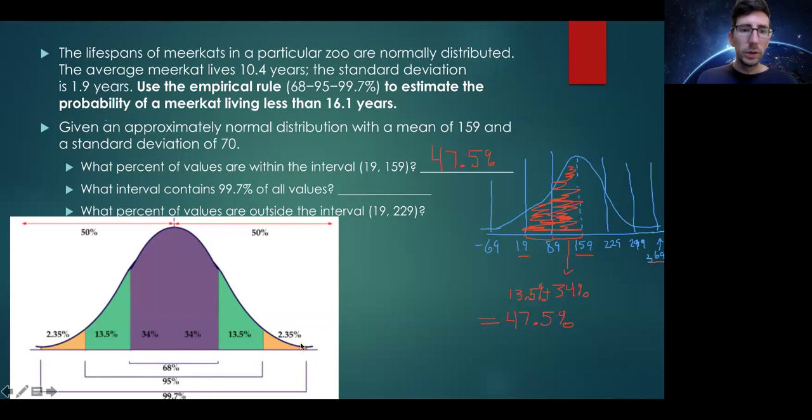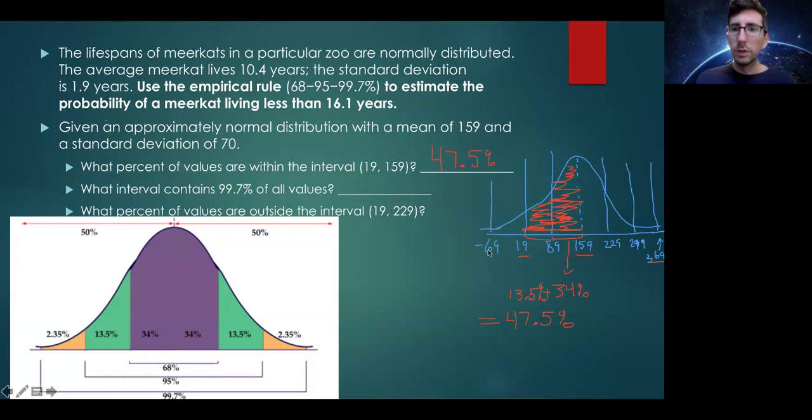And because we've drawn out our distribution, we know 3 standard deviations below is our negative 69, and 3 standard deviations above is 369.